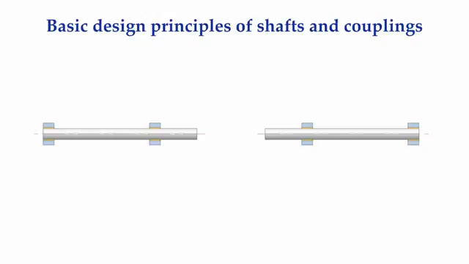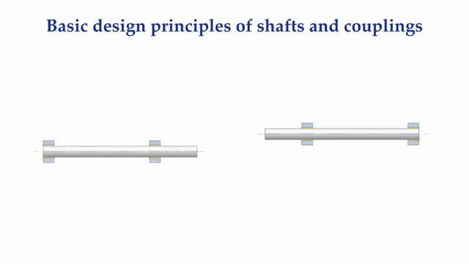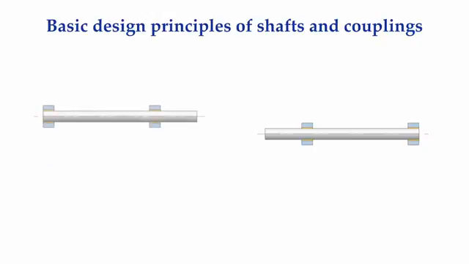Since each shaft is contained in its own separate housing, it is possible for the shaft on the left to be low with respect to the shaft on the right. It is also possible for the shaft on the left to be high with respect to the shaft on the right. And it is possible for the shaft on the left to be pitched at an angle.